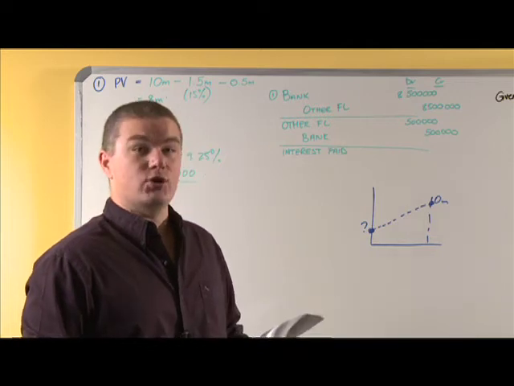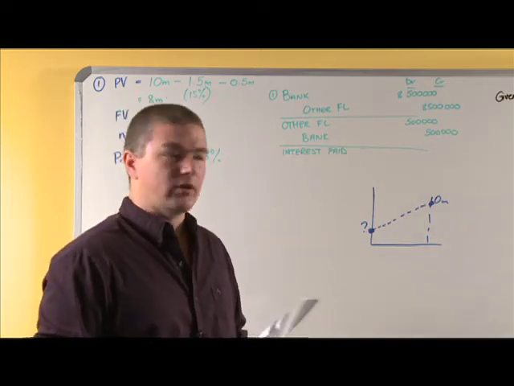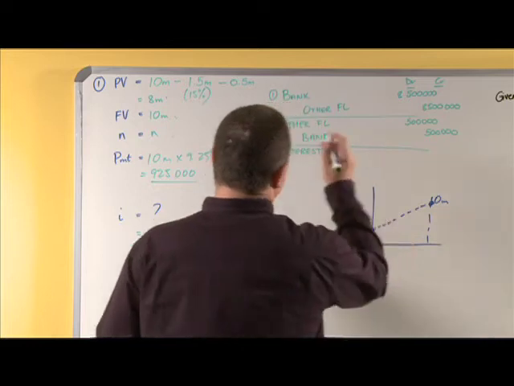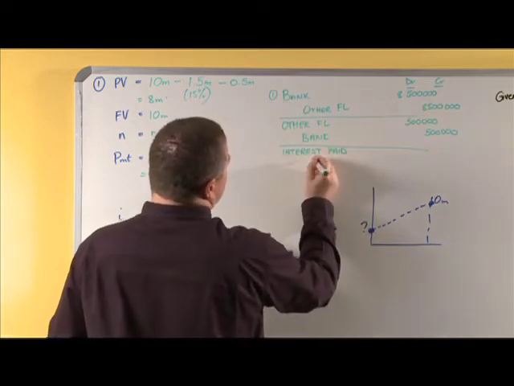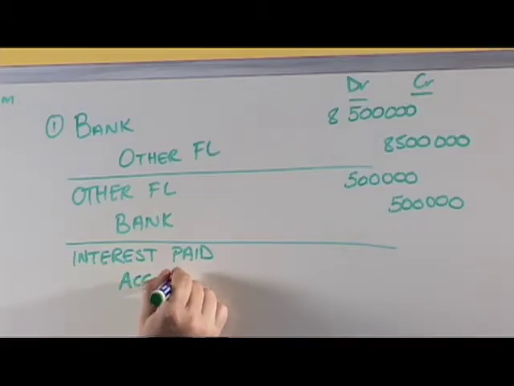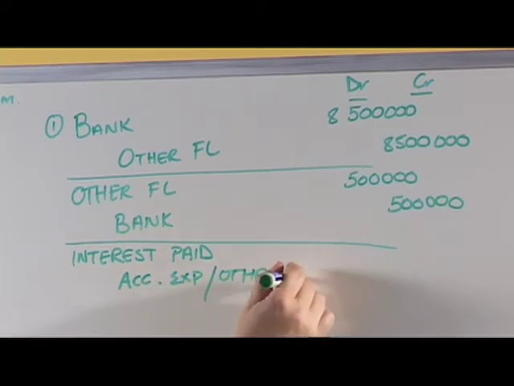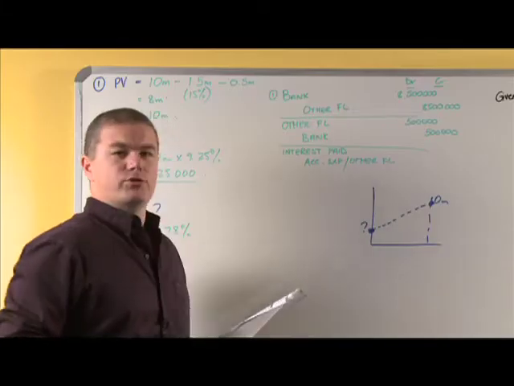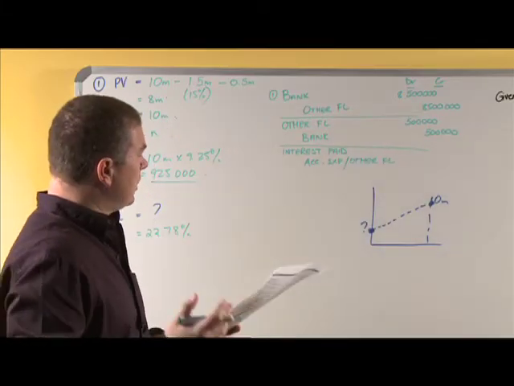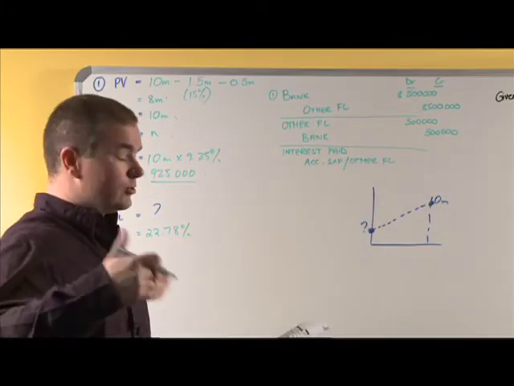In other words, on the 31st of July 2007 is when the money will be paid. So I'm going to credit accrued expense or other financial liabilities. I'm not going to overly stress about which one I'm taking it to. I just want to show my examiner that I understand that it's not a bank account.